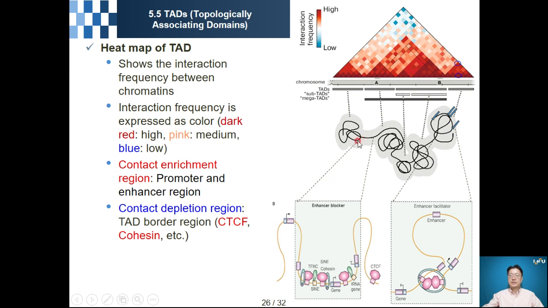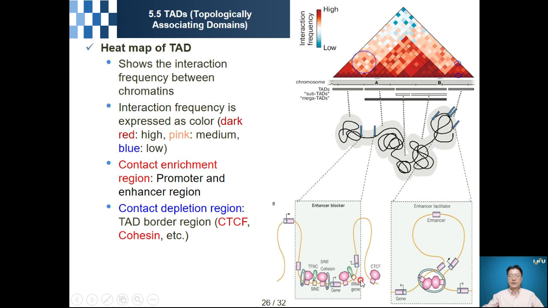The interaction between this region and this region is medium, so we designated the pink color around here. The contact depletion region is composed of several CTCF, cohesin and other factors.